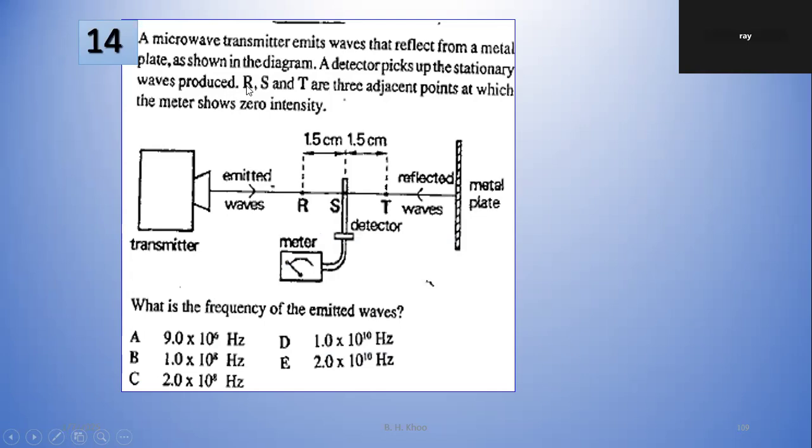R, S, and T are three adjacent points at which the meter shows zero intensity, zero current. What's the frequency of the emitted waves? What's your answer?